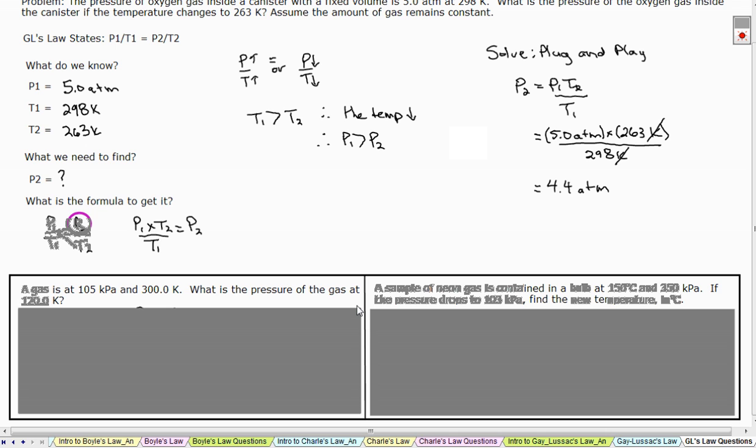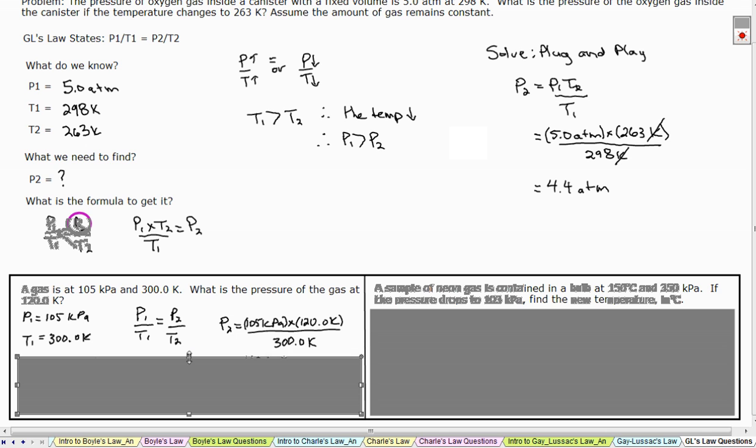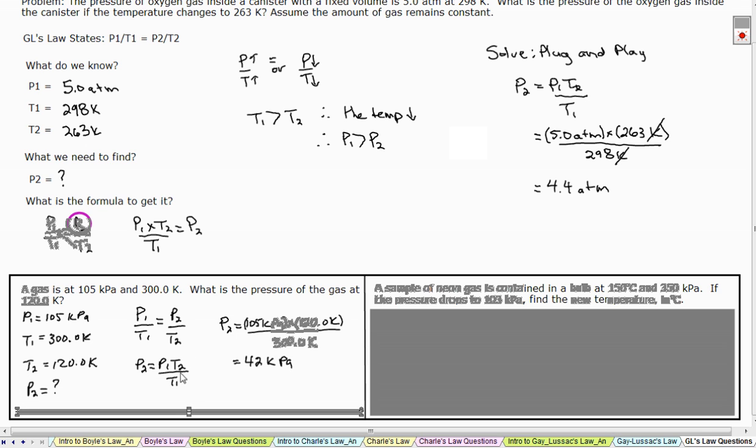Okay, now we're back. So the first question, we have a gas at 105 kPa and 300 Kelvin, and we want to know what the pressure of that gas is at 120 K. So we've reduced the temperature, and so the pressure is definitely going to have to be smaller. So we'll quickly pull back the curtain, and initially I write out all my information like we see here in a nice column.